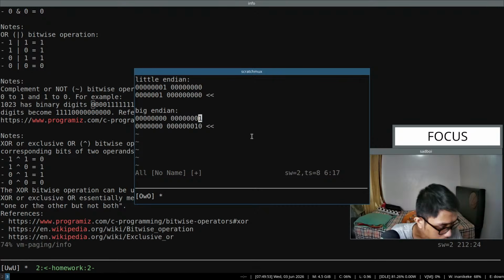But how? Okay. Notice if you shift one time, the one is in the next byte address. Shift one time. Okay. Oh, this one is in the next byte address. Okay, wait, maybe something like this.